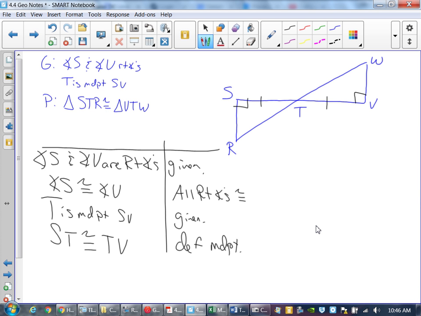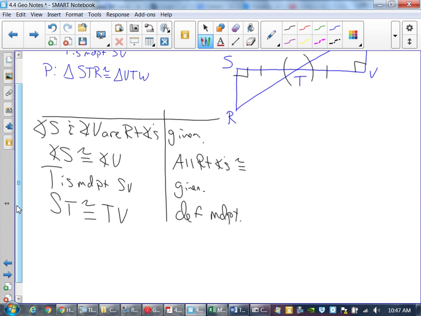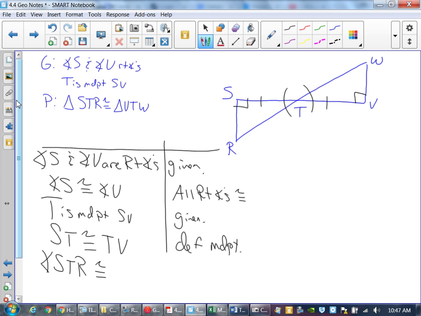So now you have an angle and a side. We need to find another side or another angle. What do we have? We have vertical angles. You guys notice that right here and here. So we just have to write it down. STR. Now, if I started at the right angle here, went to T to R, what should I write for the other one to make sure it matches up?